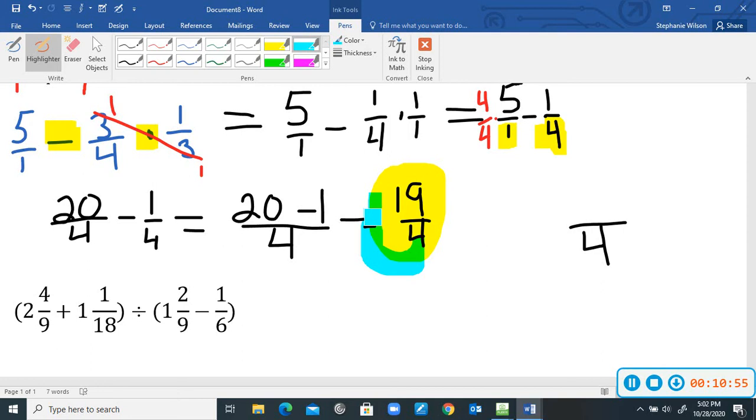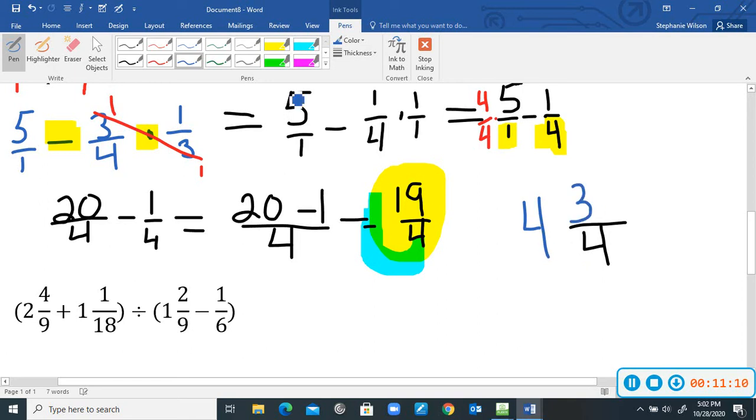If I say 4 times 5 is 20, that busted. It went over the 19, so we got to stay below 19. So it's going to be 4. So 4 times 4 is 16. 16 plus what to get 19? Plus 3. So now I have my mixed number. So I have my answer in improper and mixed number form.